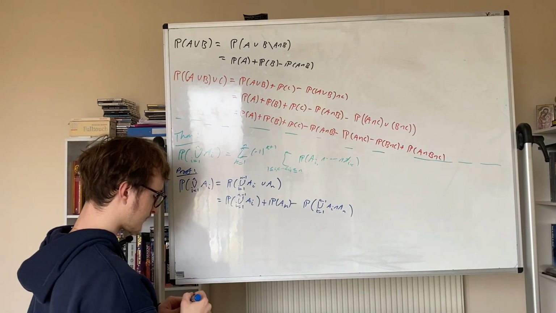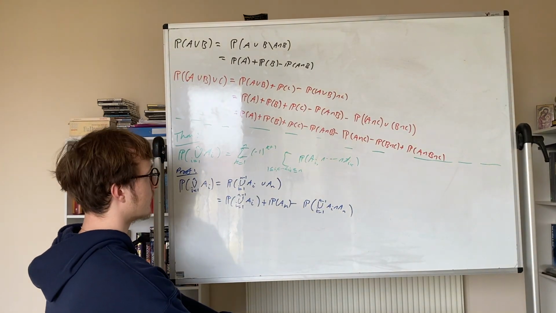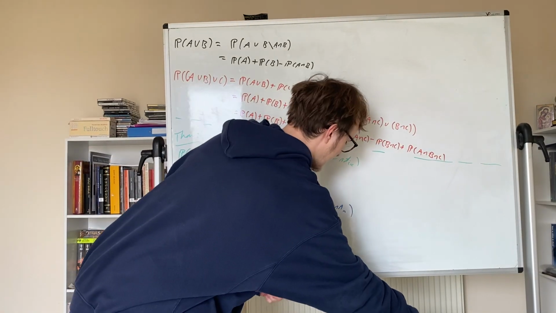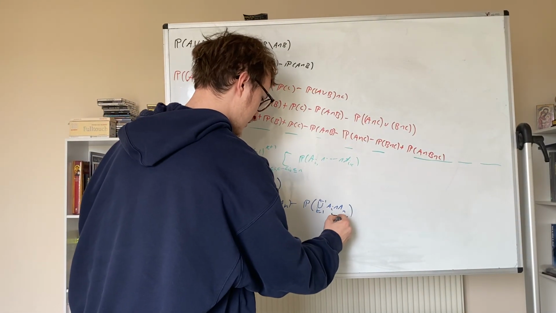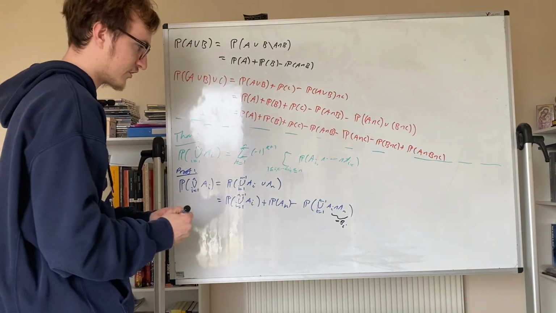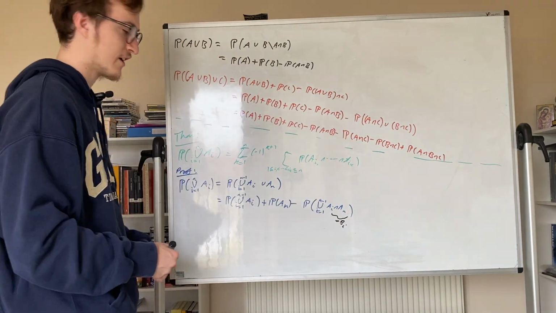Okay, now just for convenience, we're going to let this thing right here equal Bi. So Bi is just the event Ai intersect An.